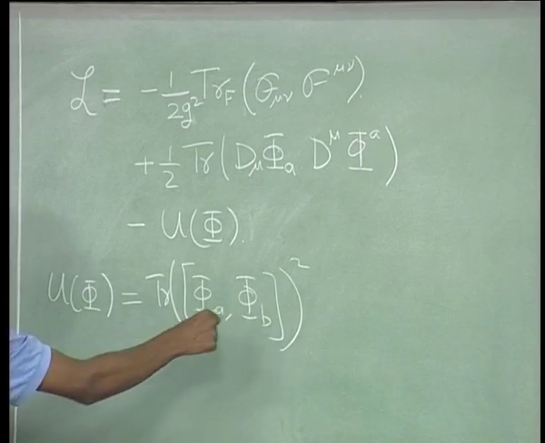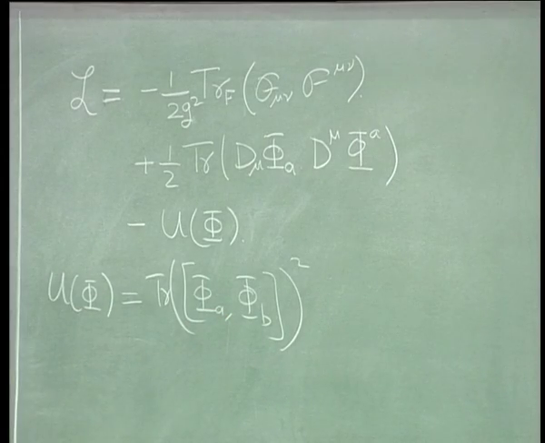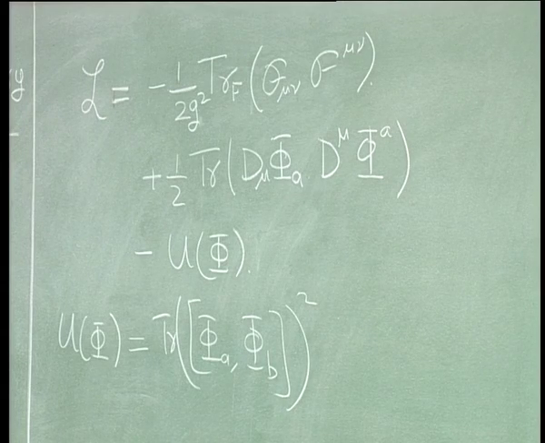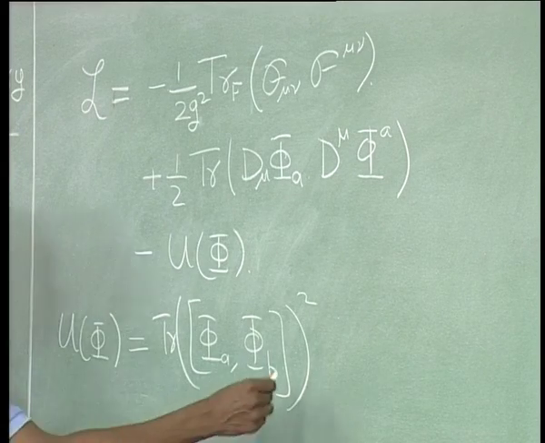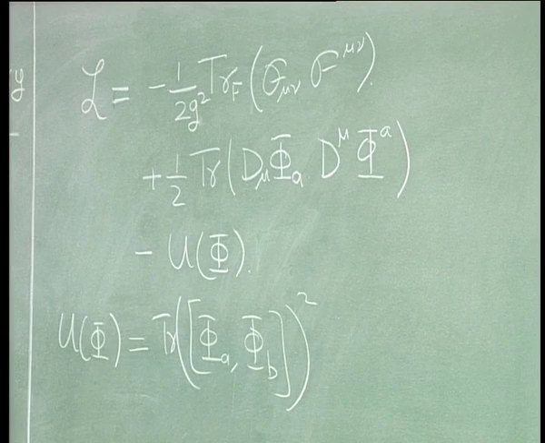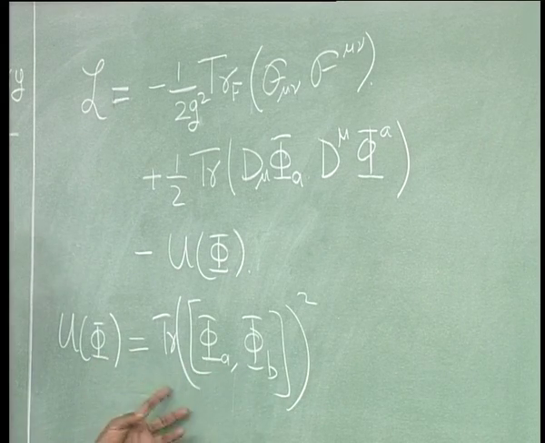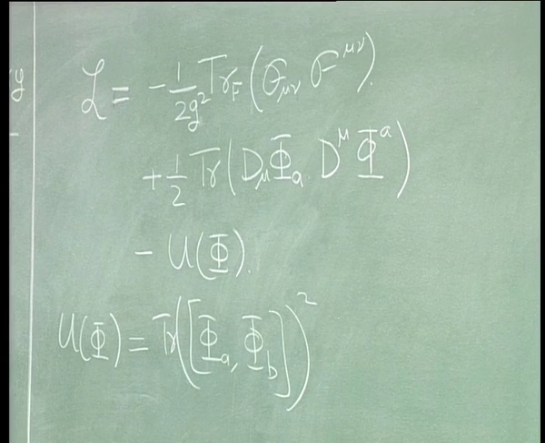This potential is somewhat different from what we looked at. We were looking at things like lambda phi 4 and those kinds of potentials. This is very different. But this is a perfectly good potential, and it is natural in this theory.